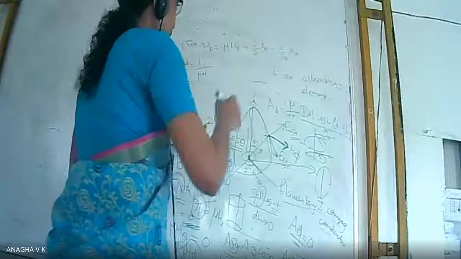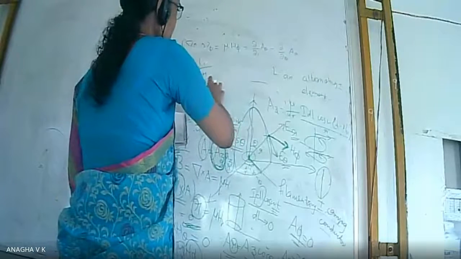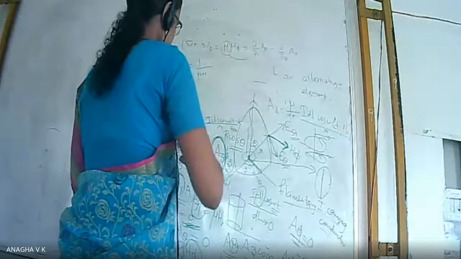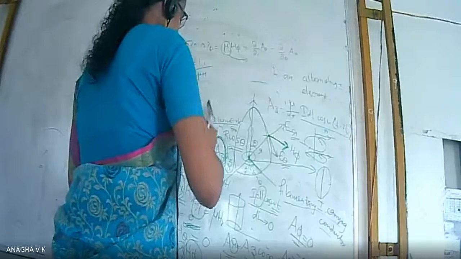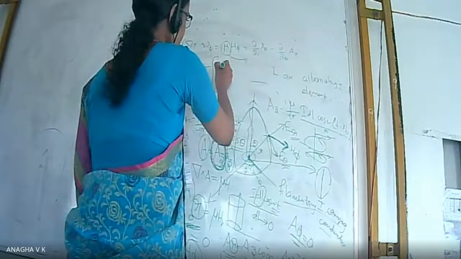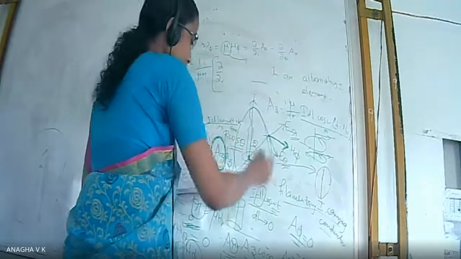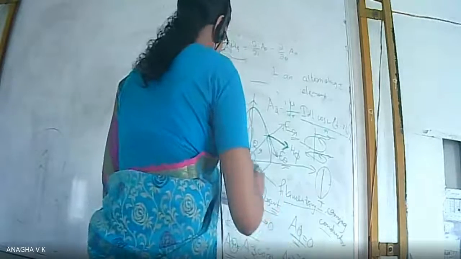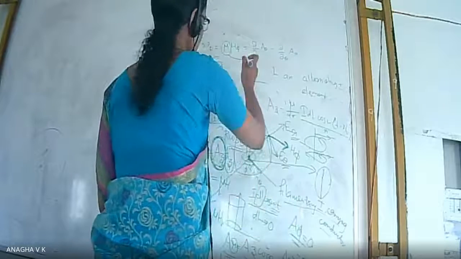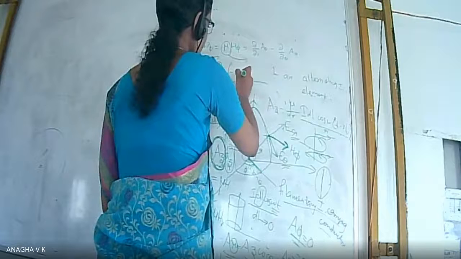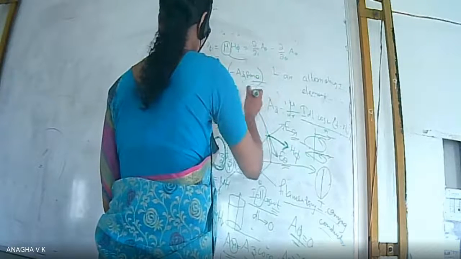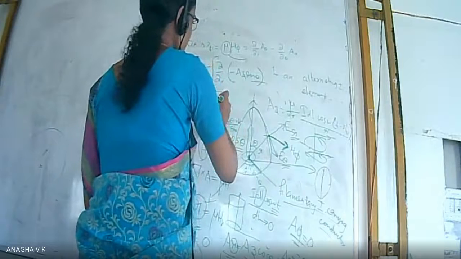So 1 by mu r. This mu we have taken downward. So what is dou by dou r? Dou by dou r A theta. A theta is nothing but minus AZ sin theta. Minus what?